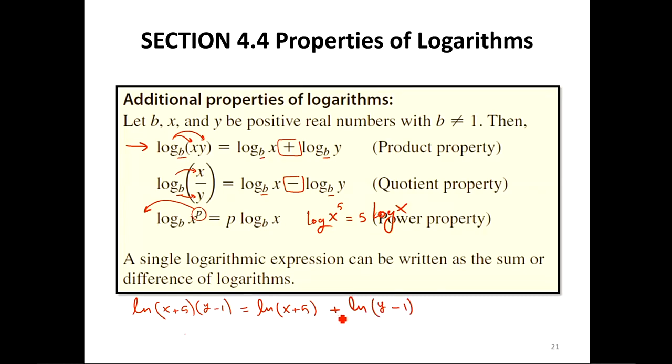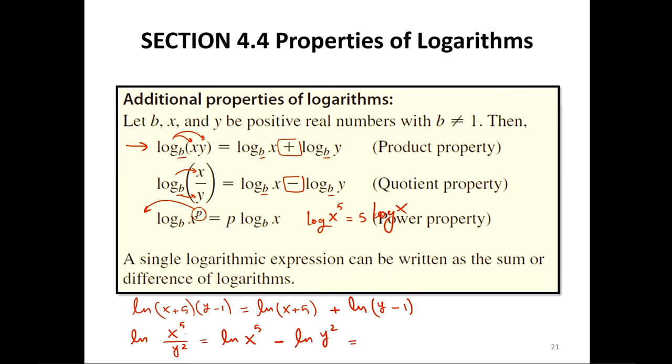If we have, for example, ln of x to the power 5 over y squared, we can distribute the ln on the numerator minus ln on the denominator.